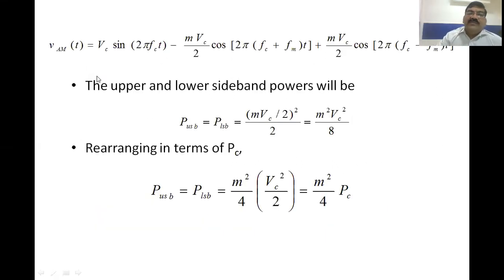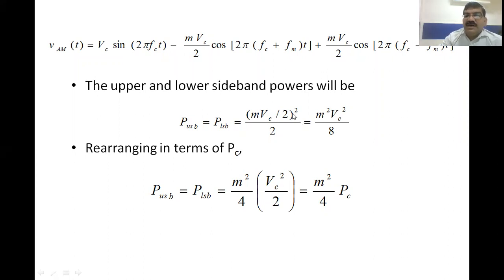Then this is the complete formula for the amplitude modulated signal. Here this is your carrier, this is your upper sideband, that is fc plus fm, and this is the lower sideband, fc minus fm. Okay, so the upper sideband and lower sideband power is related, as we know, to the modulation index.